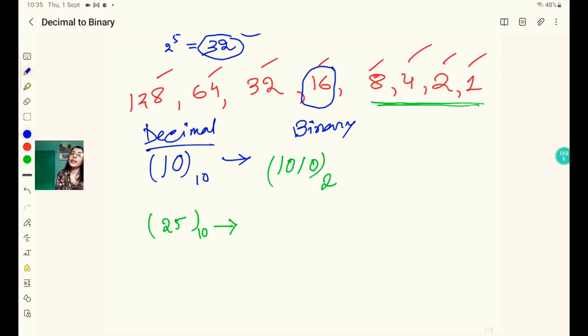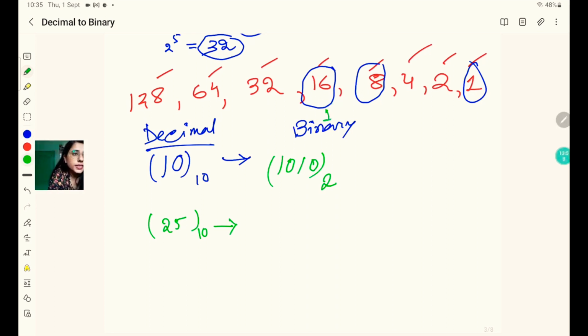Now we have to make 9 by the rest of these numbers. Obviously 8 plus 1 makes 9. So 16, 8 and 1 all together make 25, right? 16 plus 8 plus 1 makes the number 25. So we are going to write 1 in this position.